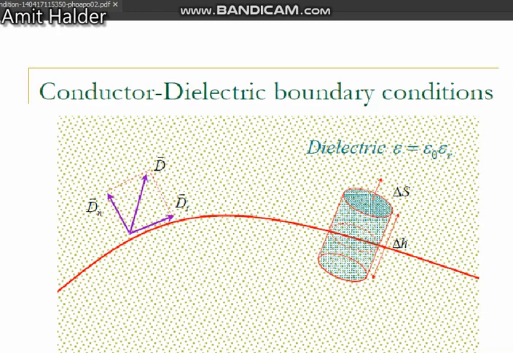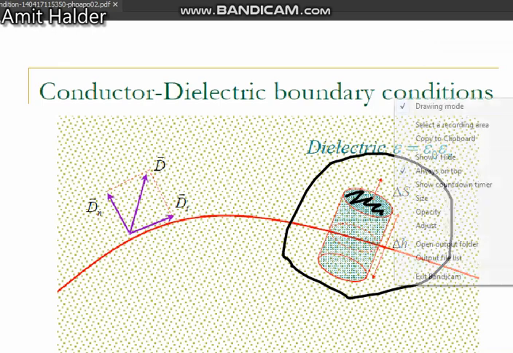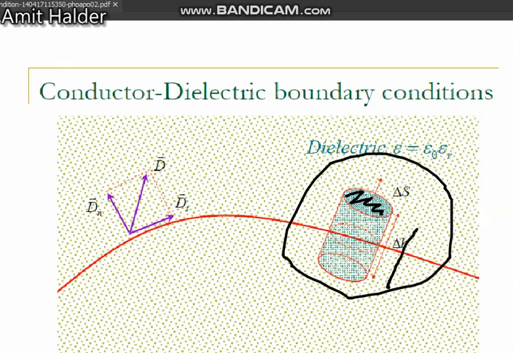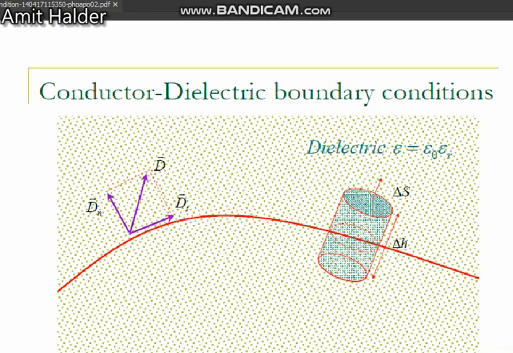We can see here the dielectric flux density D1, Dt, and Dn, and there is a pillbox, as we have seen before, for finding the flux density. Surface del S, the height is del H, a small cylinder, a pillbox. The same type of derivation we will continue.